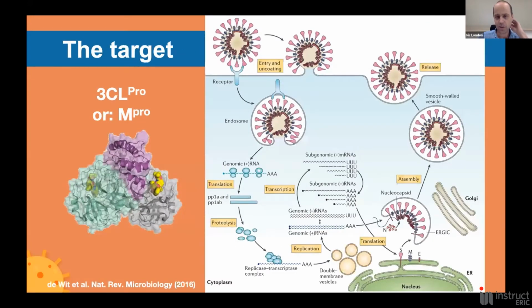But in this talk, I want to focus on our COVID-19 target, the main protease of the SARS-CoV-2 virus, Mpro. You can see a structure of it here. It's a dimer. Here you can see the virus life cycle.